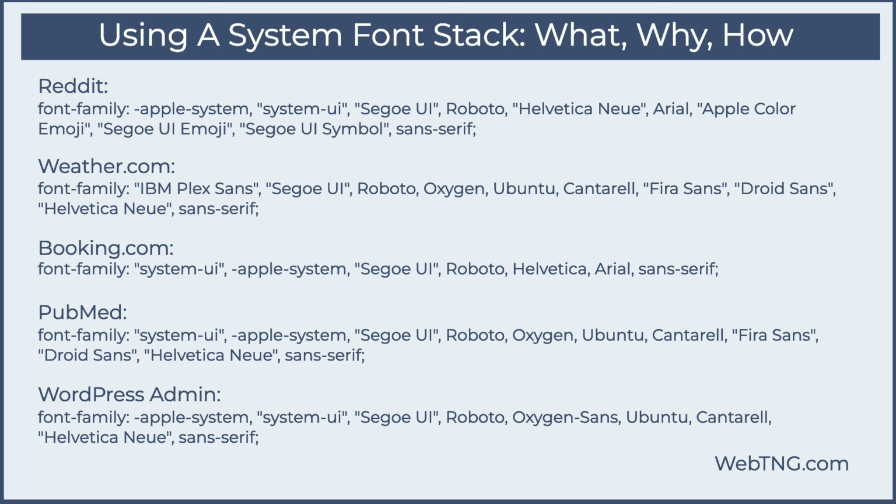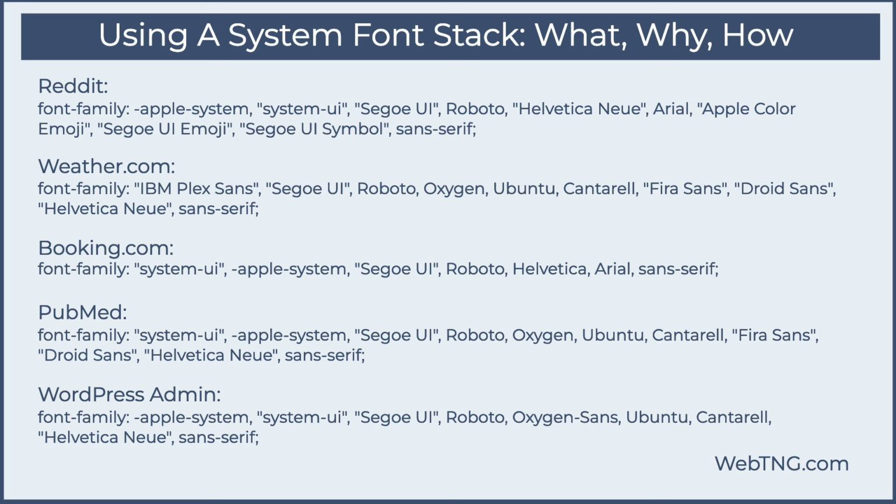Weather.com is a little bit of an outlier because it has IBM Plex Sans, their IBM mainframe system font, listed. It also does not have the Apple system or System UI options in there, which if you look at Reddit, Booking.com, PubMed, and WordPress admin, they all have that.